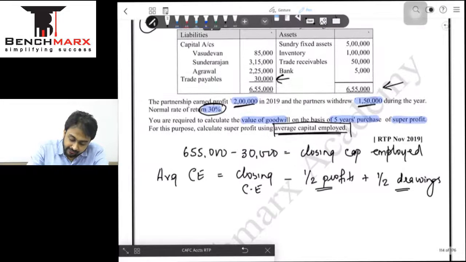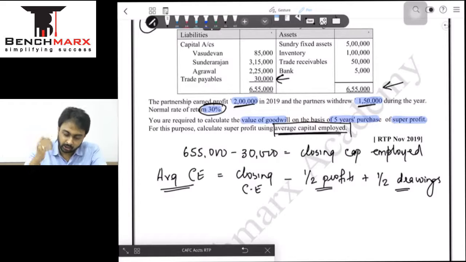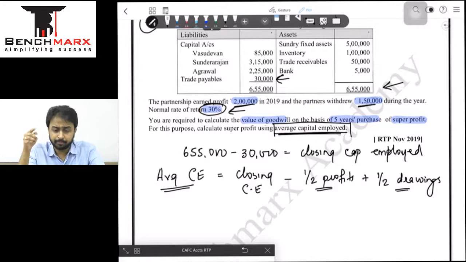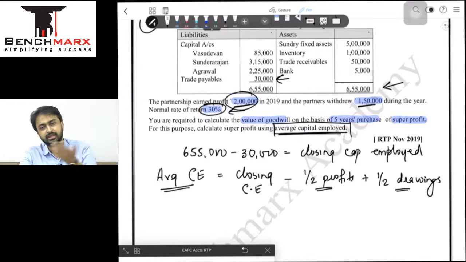Once we find the average capital, then the question is normal. Use the normal rate of return on the average capital employed, find the normal return. From that, compare the actual profit, जो ये है अपना, 2 लाख वाला, ये वाला amount, then find the super profits and then the usual sum continues.